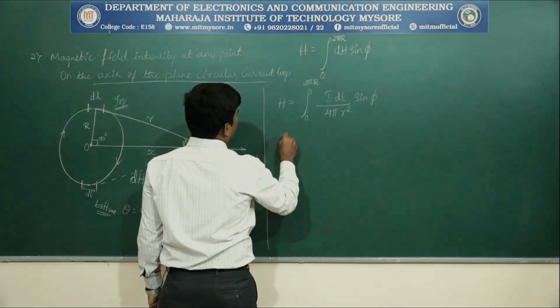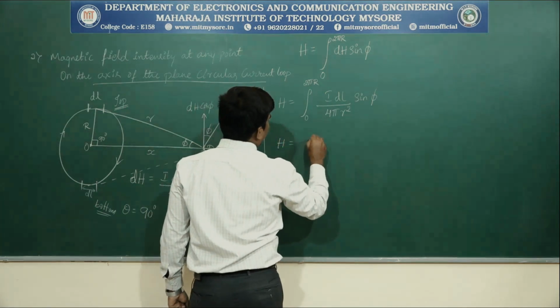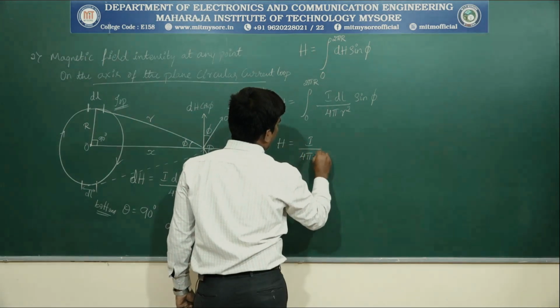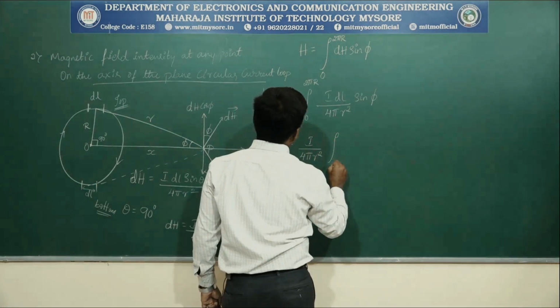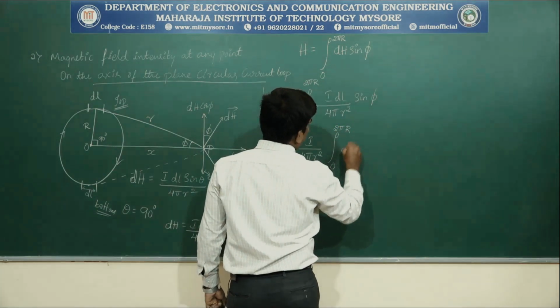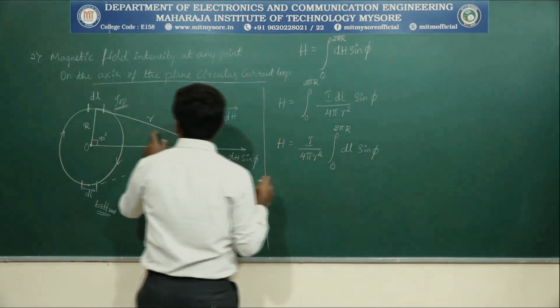Now let me write here. Take constants outside. I divided by 4 pi r square, integration from 0 to 2 pi r dl into sin phi. What is sin phi?